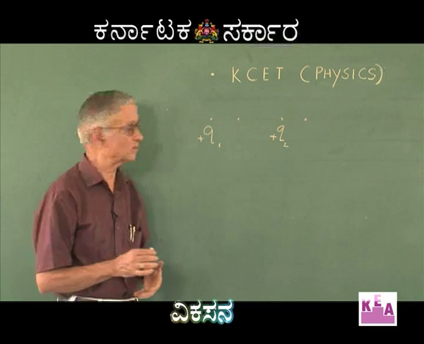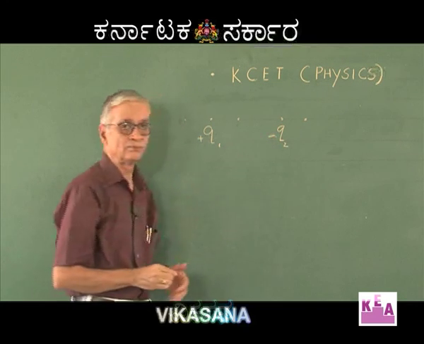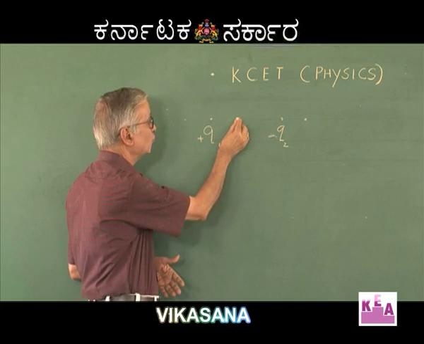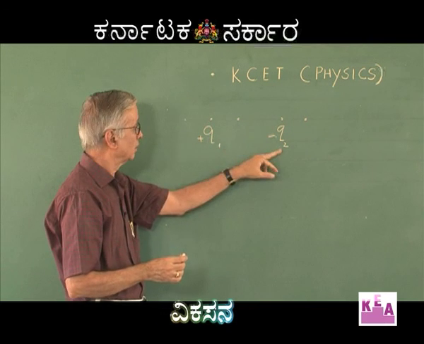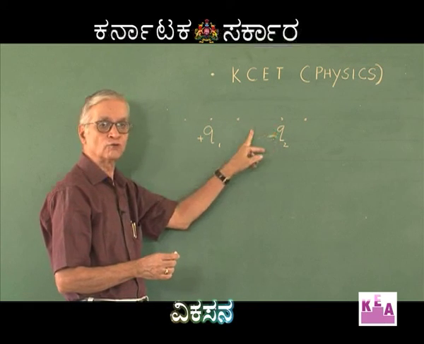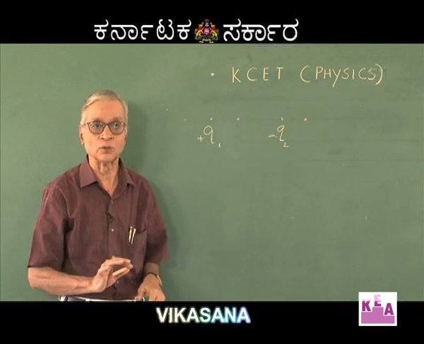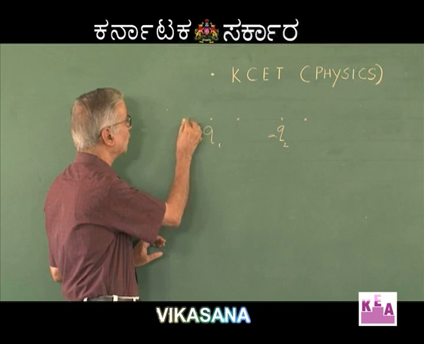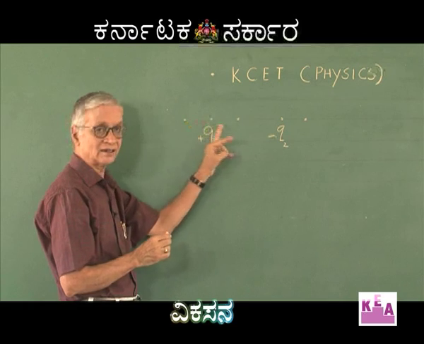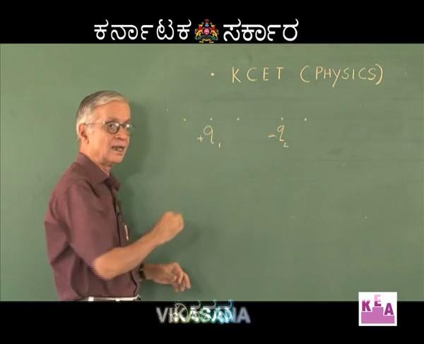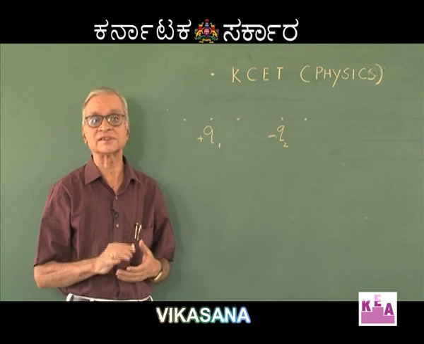Let me now assume that Q1 is positive and Q2 is negative. In that case, if you consider a point in between them, Q1 will repel, Q2 will attract. Two forces are in the same direction, therefore the resultant cannot be 0. But if you consider a point outside, to the left of Q1, Q1 will repel, Q2 will attract, therefore the two forces are in the opposite directions, hence the resultant can be 0.